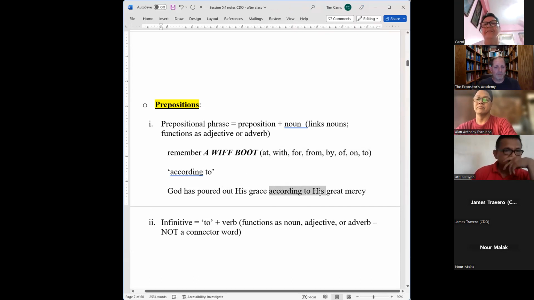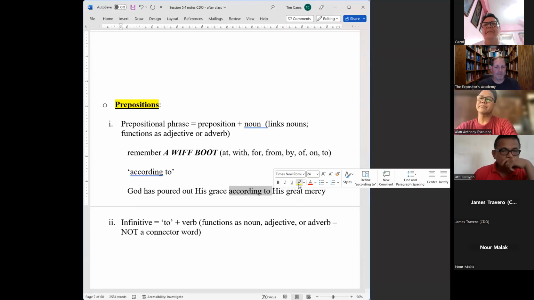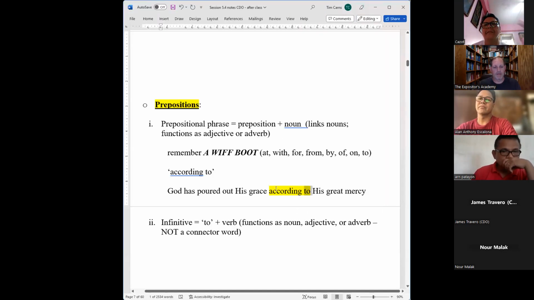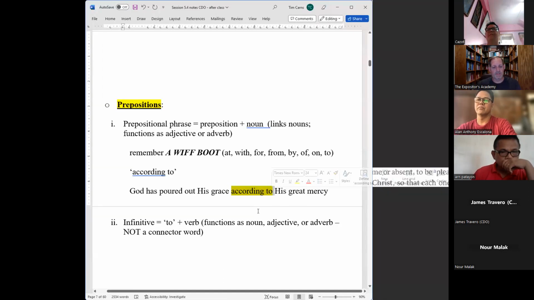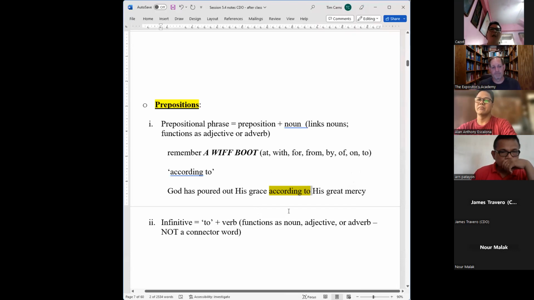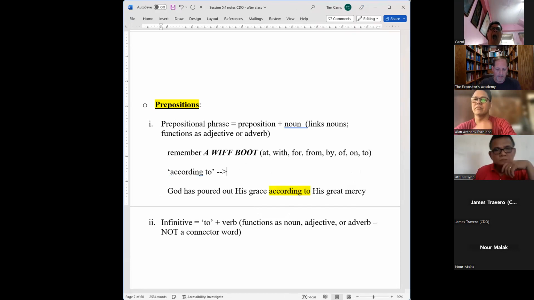Okay, according to is the full preposition, not just to. Okay, according is not a participle. It's not a verb. It's just one of those things in English which forms a preposition, and it means how. It usually is telling us how something is done.